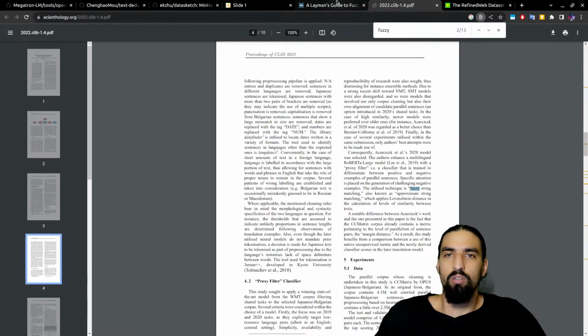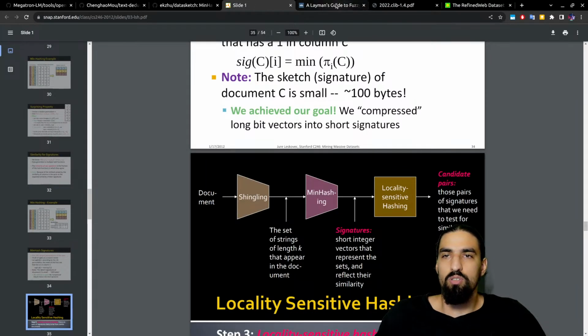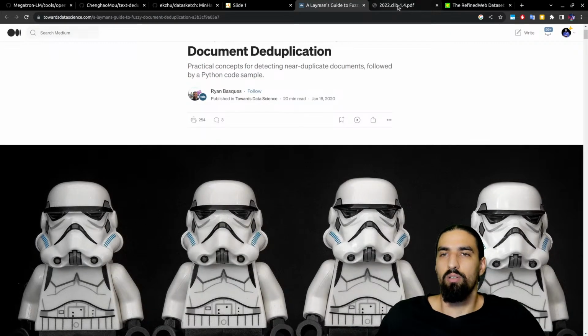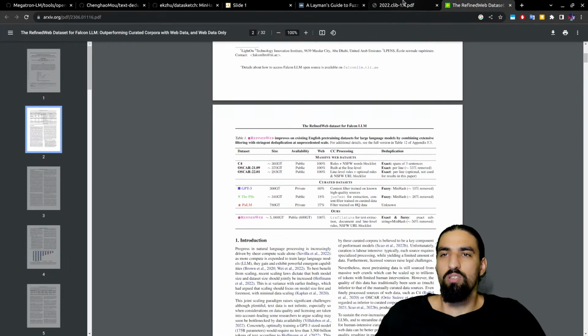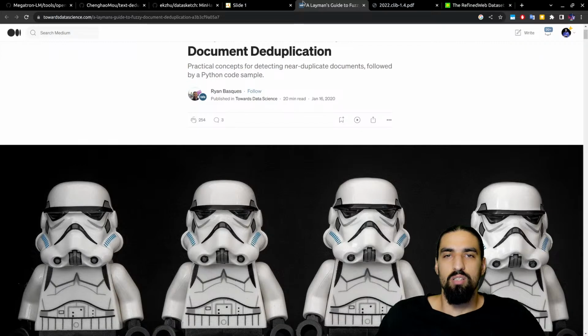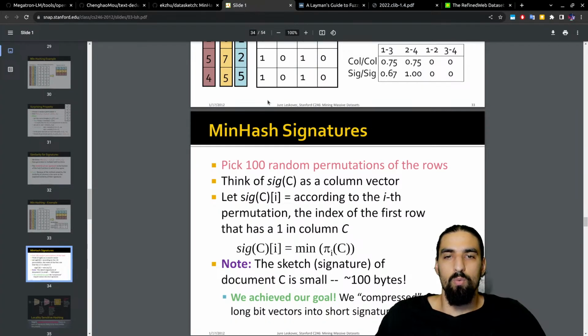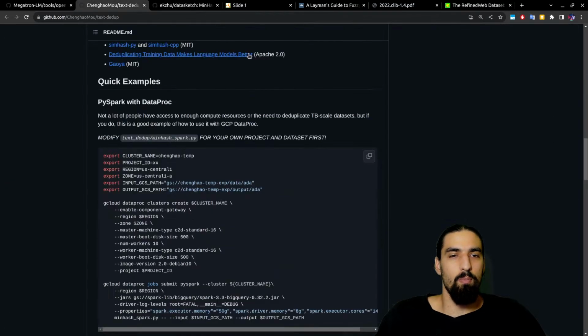So let's see how these two papers used it. These three repos, and this is a bit more in-depth explanation. So quickly skim through the papers later, skim through this blog, read through this a bit as well, and then see how people are using it here.